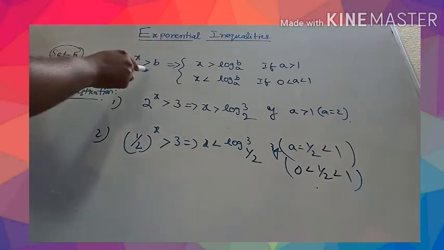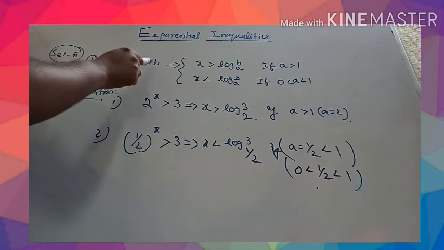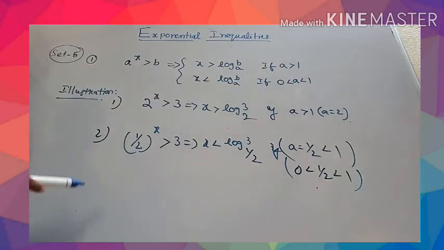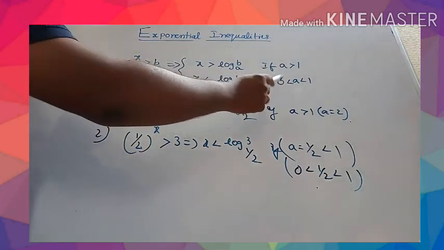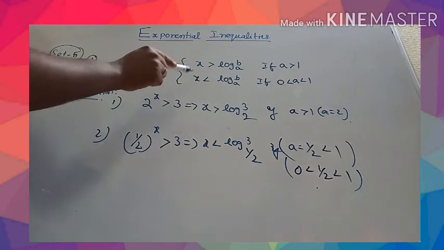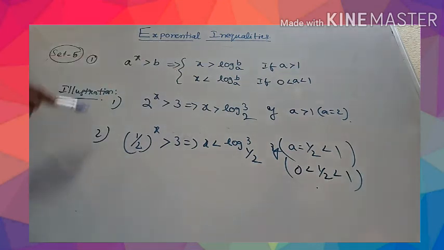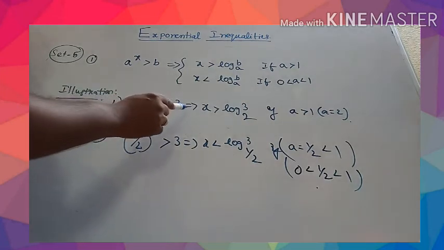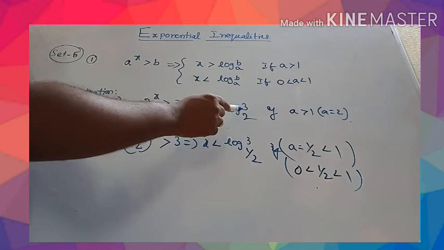Now instead of equal you have here a power x is greater than b. Then x is greater than log b to the base a if a is greater than 1. And if the base a lies between 0 and 1, then x is less than log b to the base a. We can understand this clearly with illustrations. 2 power x is greater than 3 implies x is greater than log 3 to the base 2, since the base is greater than 1.